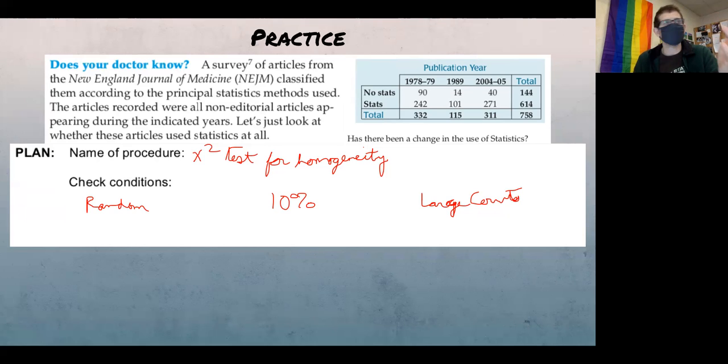So what we can do is we can add caveats to this. We can say, you know, maybe we haven't met these conditions. So in checking these conditions, is it random? Yeah, we can just say what we think.